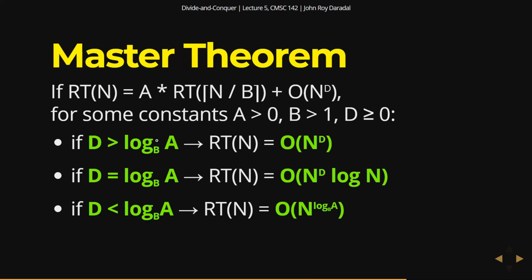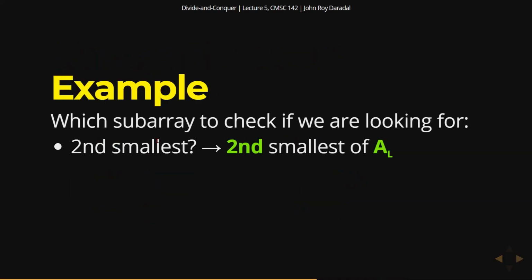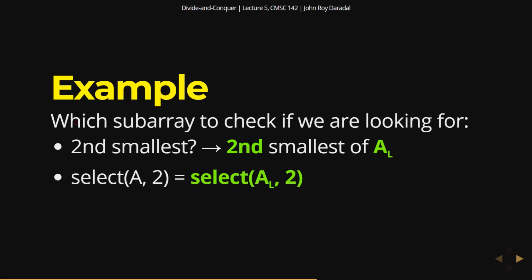So we should check the second smallest item of A sub L. We can reduce select A, 2 to select A sub L, 2, the second smallest element of A sub L. That would be this one. So we reduced the problem to A sub L, and made it a smaller search space.